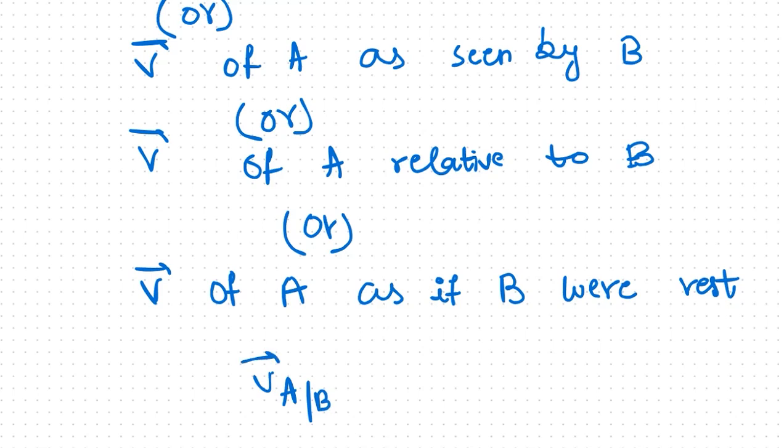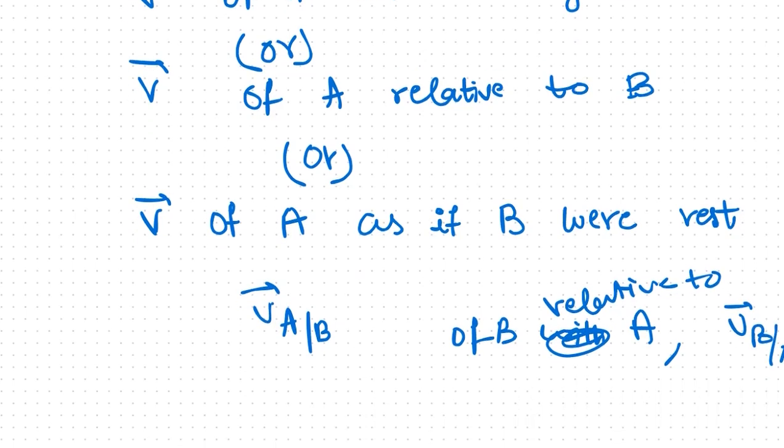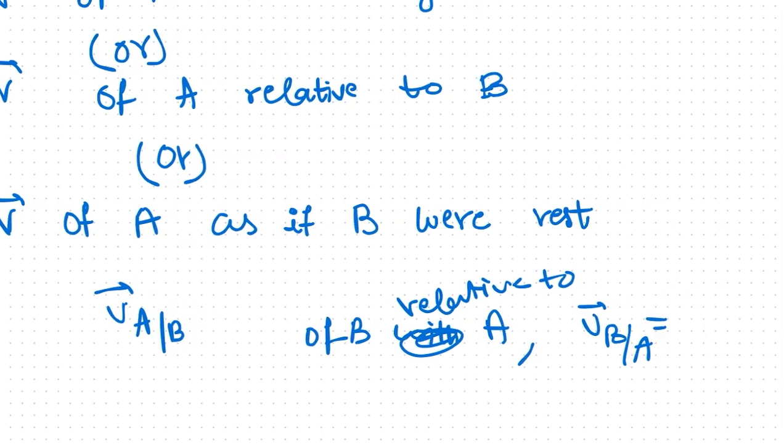B with respect to A, how will the formula change? It'd be V B slash A, of B relative to A, equals the velocity of B slash ground minus velocity of A slash ground.